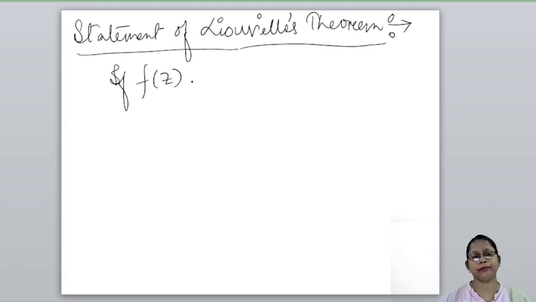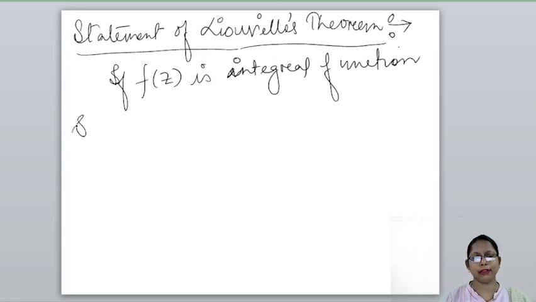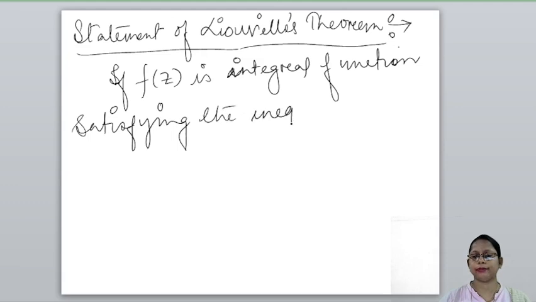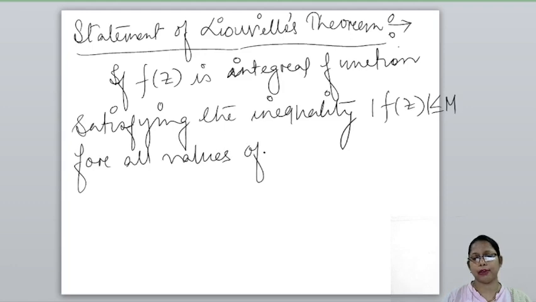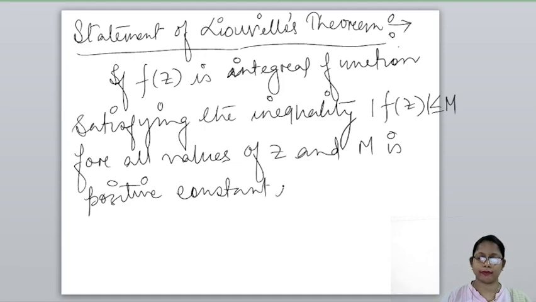If f(z) is an integral function satisfying the inequality |f(z)| ≤ M for all values of z, and M is a positive constant, then the function f(z) is constant.